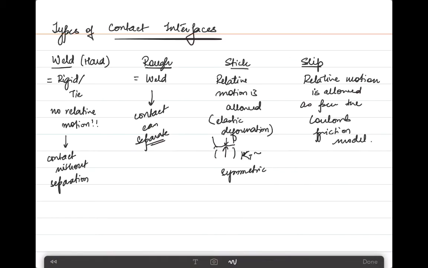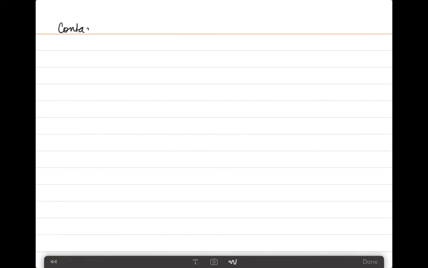Now, of course, in a contact formulation, whether it is a weld type of contact, a rough contact, stick, or a slip condition, there has to be a method which has to be followed to formulate this contact. The contact formulation follows a two-stage procedure.